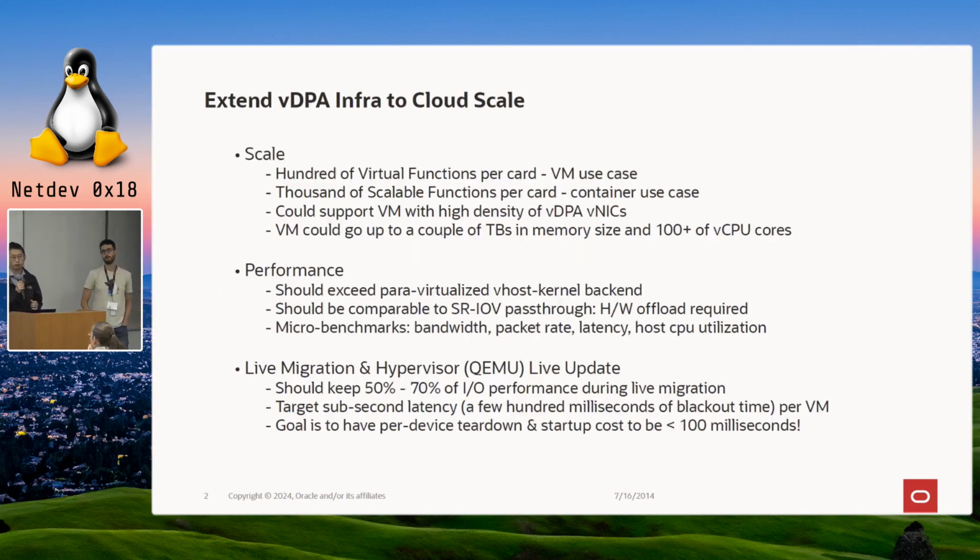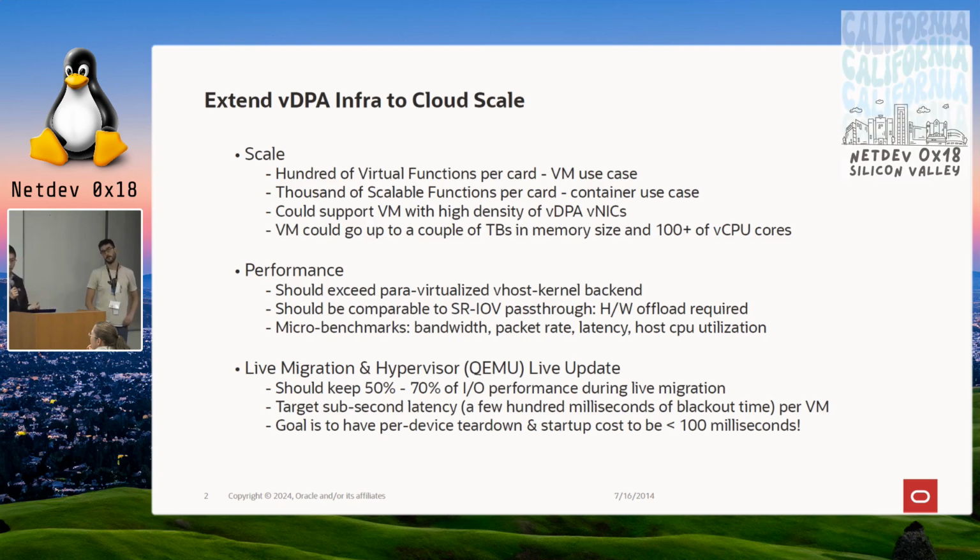Let's start with the requirements. First is that scalability in cloud is really something that we want to address. The other thing is performance. With a lot of work in the past few years, we have been devoting a lot to try to add more features to vDPA and make it feature parity. So the performance, I believe, will mostly be able to satisfy our cloud requirement.